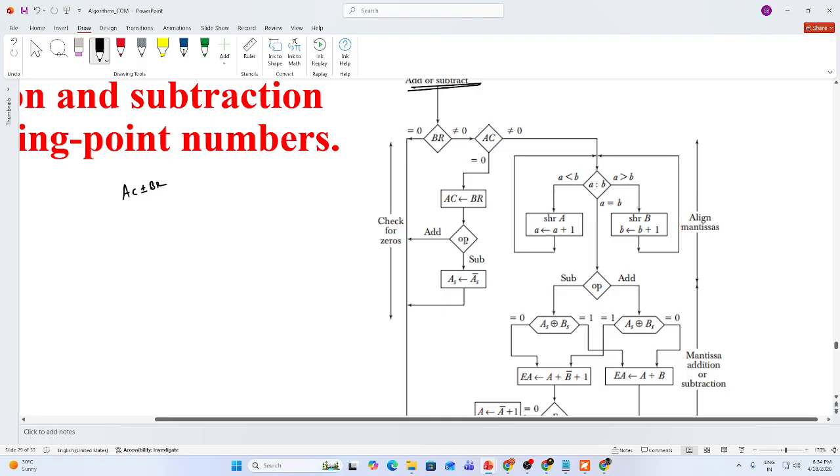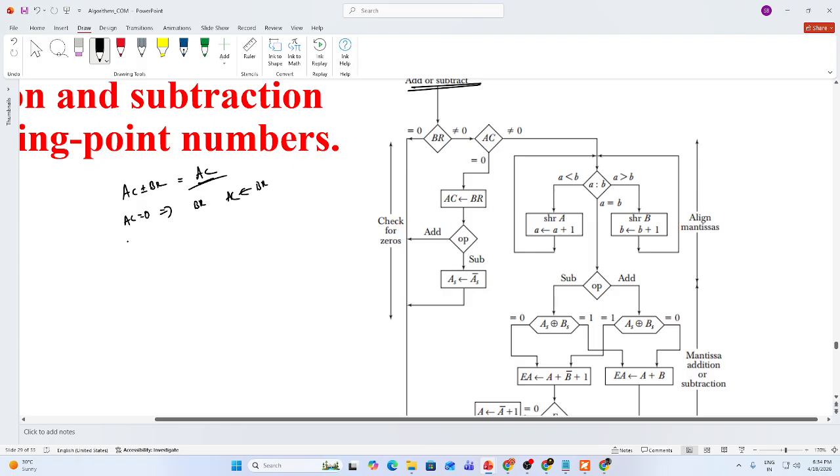Now check the opcode, whether you want to perform addition or subtraction. In case of addition, if AC equals 0, the result is BR, so I just need to transfer BR to AC. I already did that.